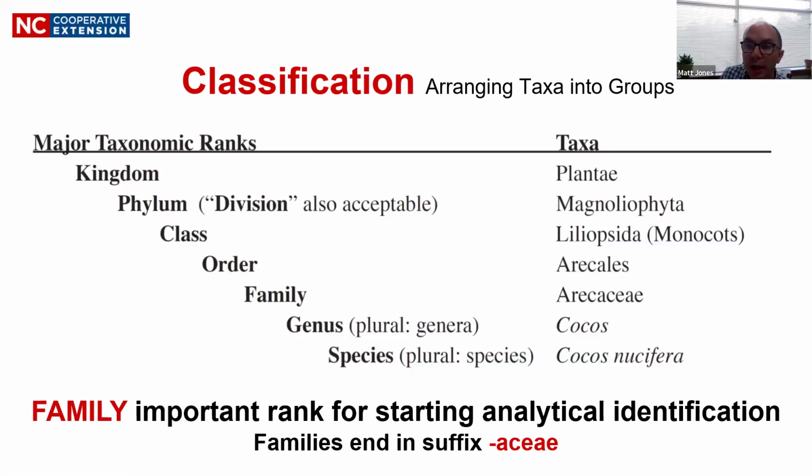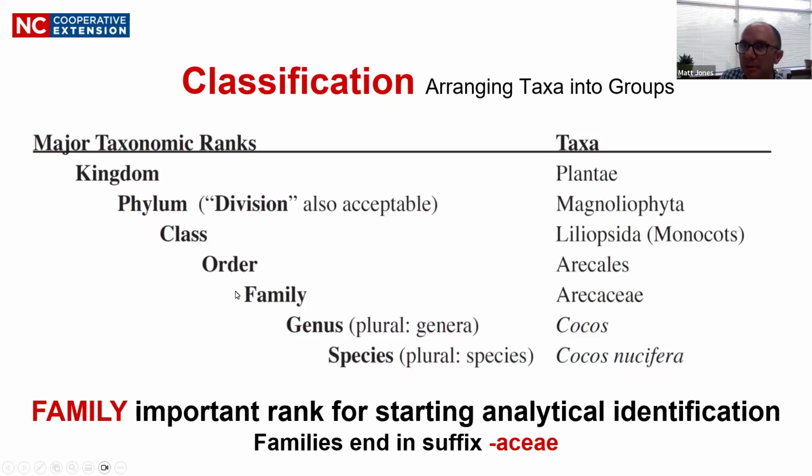In the case of plants, usually as you're learning how to identify plants, it's important to begin to learn the general morphological characteristics at the family level. So a family is a specific classification rank. Don't use that loosely.